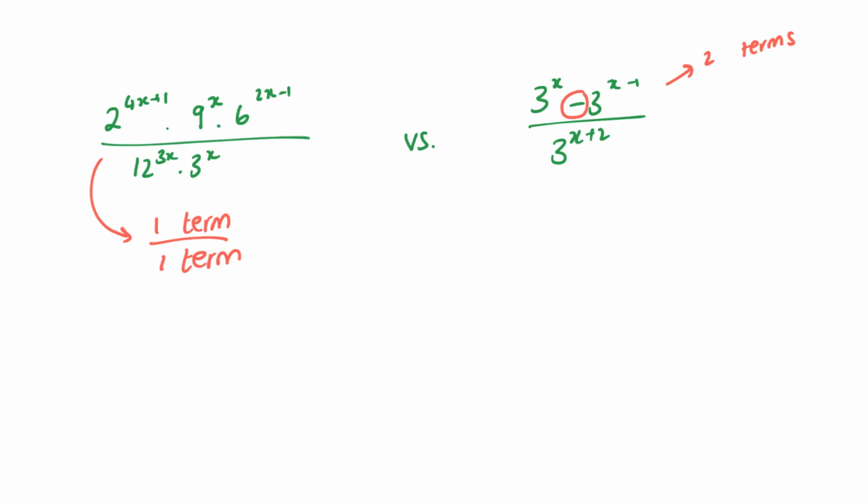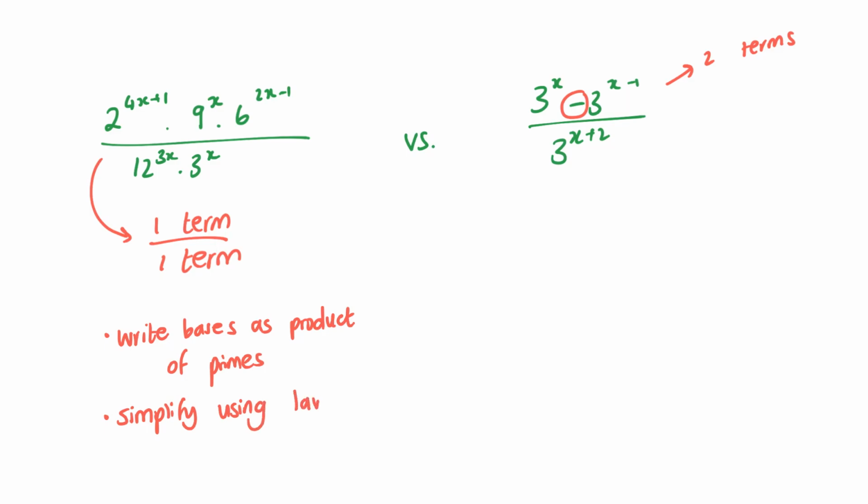So in the question on the left, firstly, I'll write my bases as primes, or as a product of the primes, and I've done that in an earlier video. And then once you've done that, you can use your laws of exponents and simplify your fraction. If you'd like to do this question in your own time, your answer should be a third.